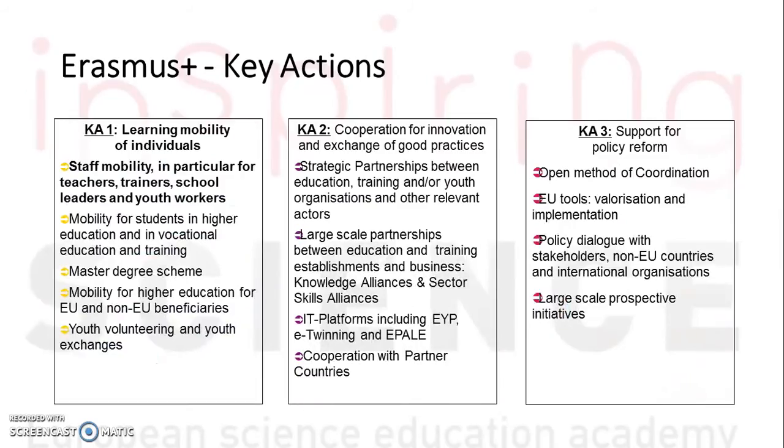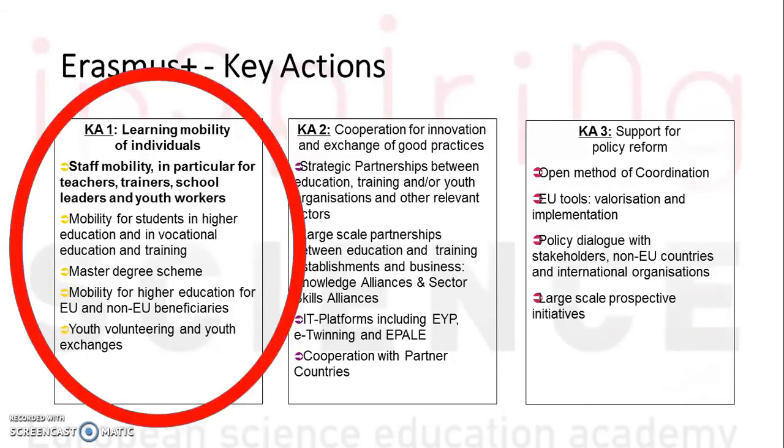Now, in this image, you will see what each of these key actions actually mean and what the type of actions and the programs are supported. We will focus for the purpose of preparing a staff mobility application only on KA1 activities, and more specifically on the very first point, on staff mobility for teachers, trainers, school leaders and youth workers.